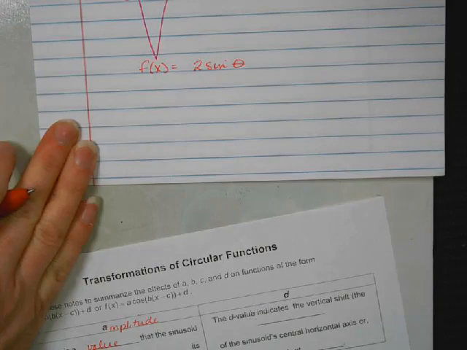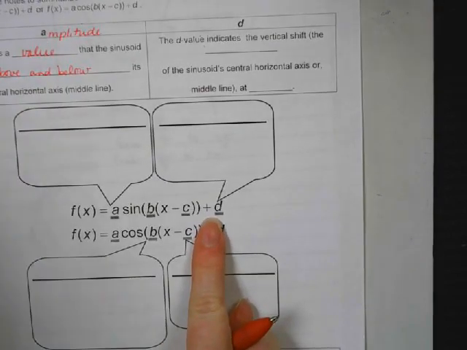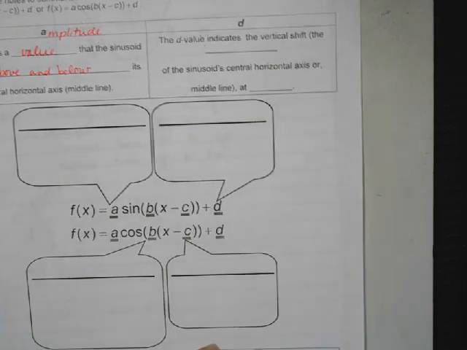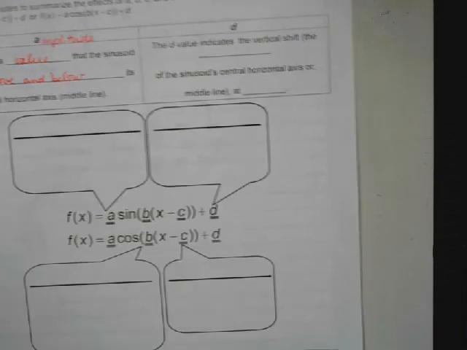Everybody okay? All right. The d value, that's here at the end. What does that do to a function? What has it always done to a function? Yeah, it shifts it up or down. That's it. Nothing has changed about the rules of math.